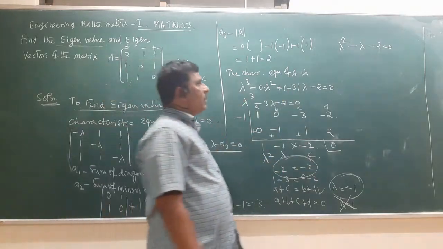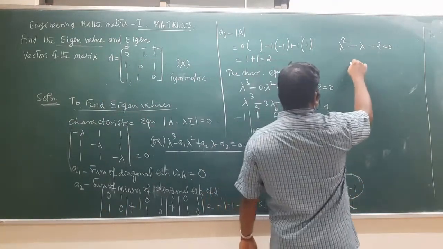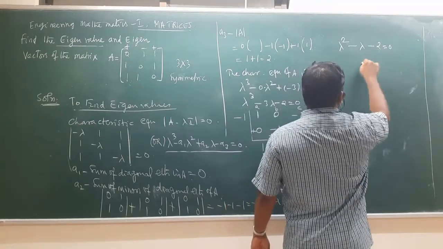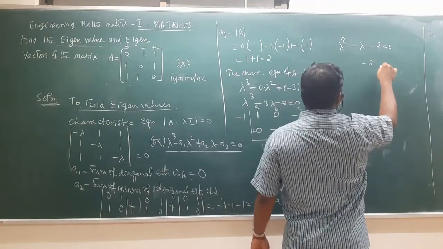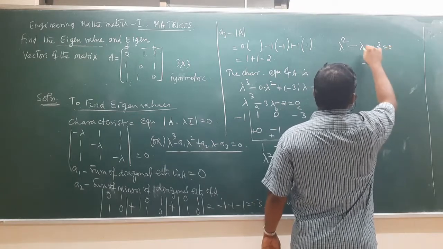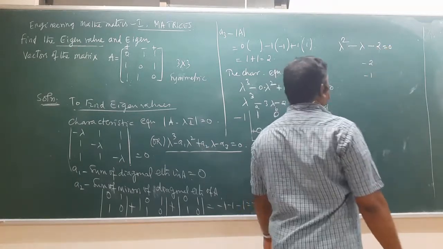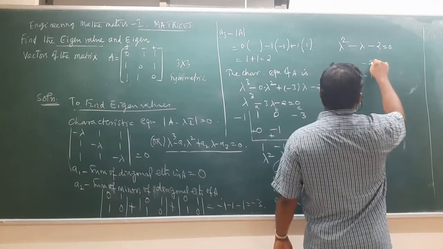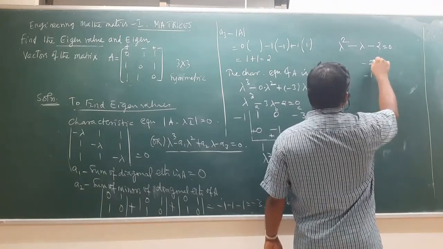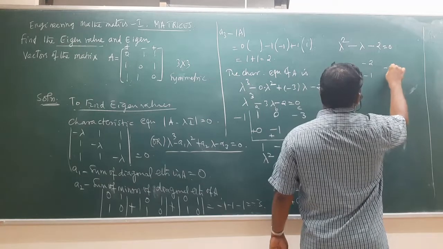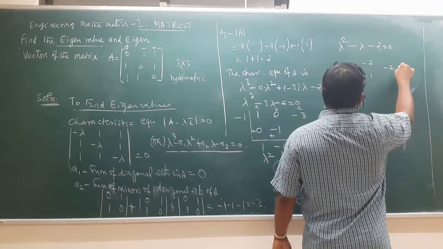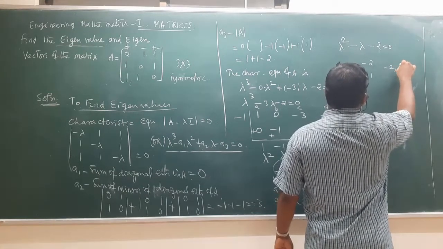Solving this, if you are taking the two values whose multiplication is minus 2, then when you add these two values, you will get minus 1. What are the two values? Multiplication is minus 2, so minus 2 comma 1.